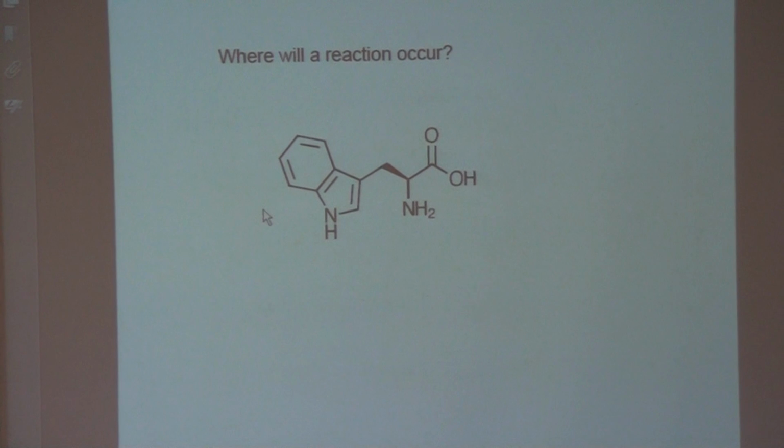So it has to be 2 or 6 or 10 or 14 pi electrons. How many pi electrons are in these 2 rings? We have 2, 4, 6, yes, we have 10. So if we include the lone pair on the nitrogen, we have 10.